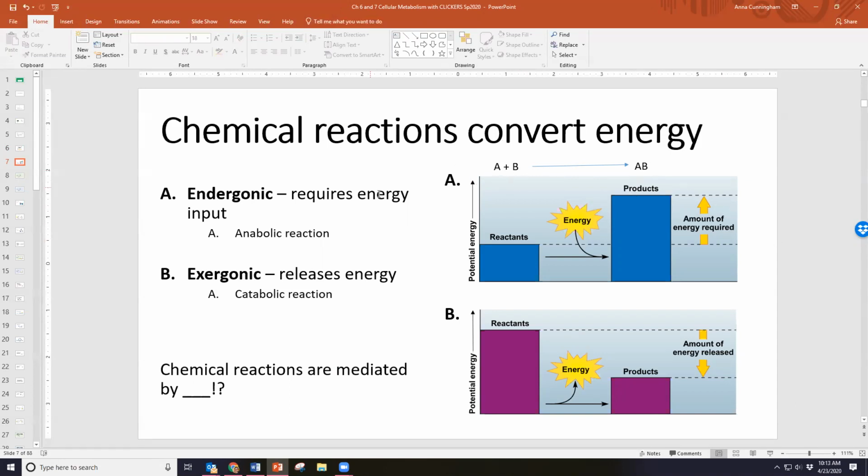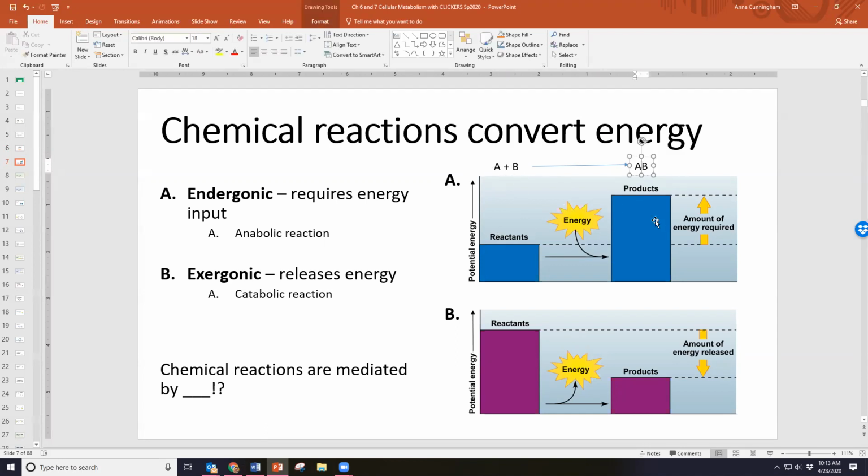So in this case, with my endergonic reaction, my reactants individually, because they don't have any chemical bonds associated with them, have very low potential energy. Potential energy is on this axis, low potential energy. But what we do is we put energy into those molecules and we form a bond between them.